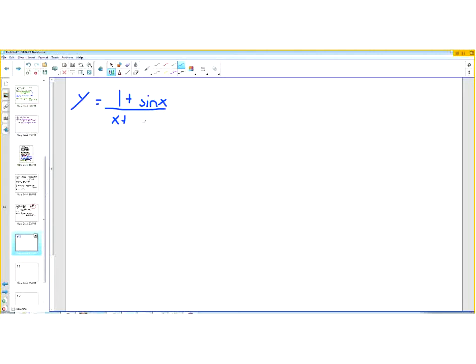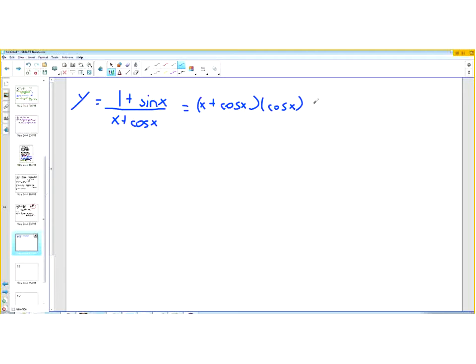So in this case, we'll have to use the quotient rule for differentiation. So that would be the bottom function times the derivative with respect to x of the top function, which is simply cosine x.